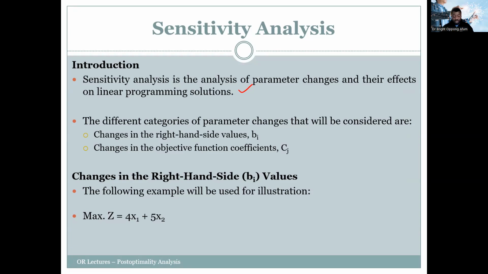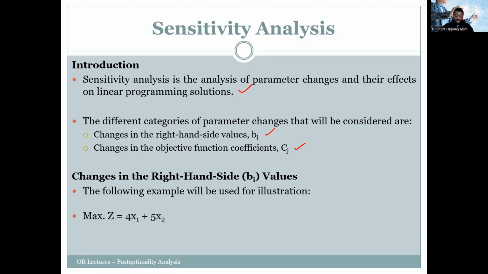The different categories of parameter changes that we consider are the change in the right-hand side and the change in the objective function, right? So what happens if we change the BIs and what happens if we change the right-hand side values?